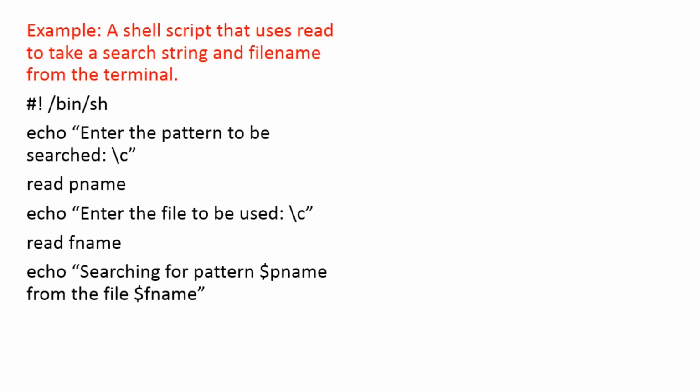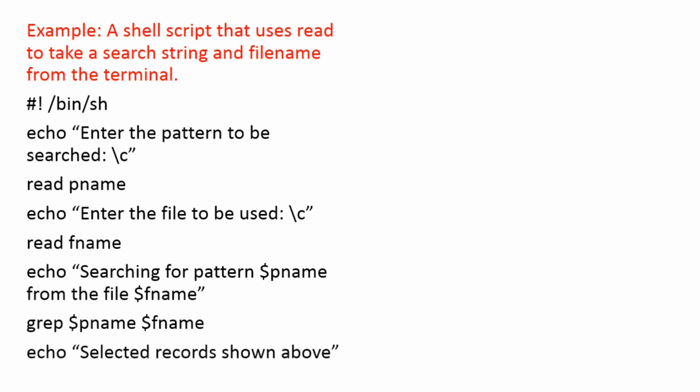The p name contains the pattern name and f name contains the file name. Next, using the grep command, I am going to search for the pattern in the file. After that, I am displaying one message, selected records shown above. It is just a message after getting the result.